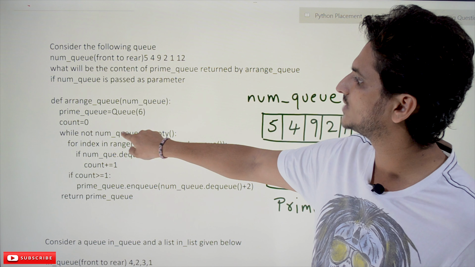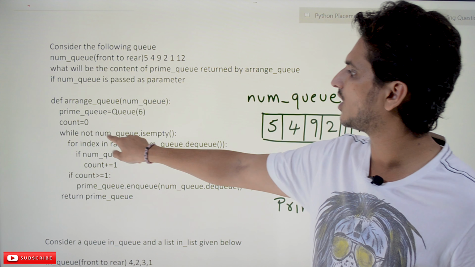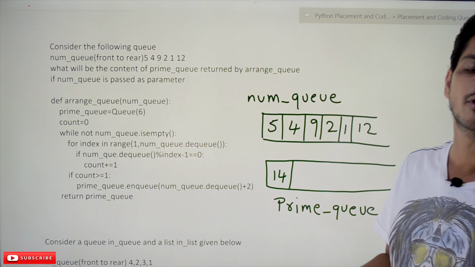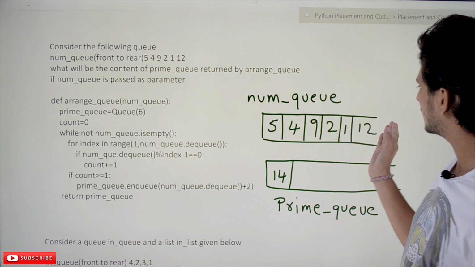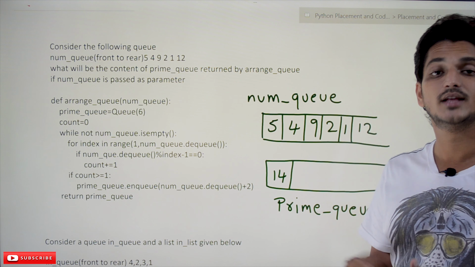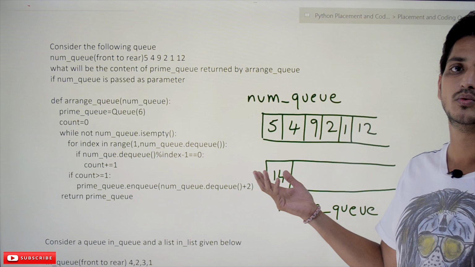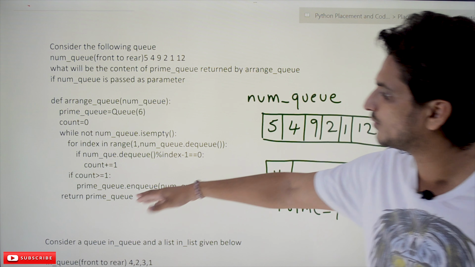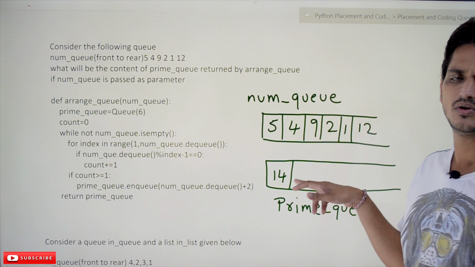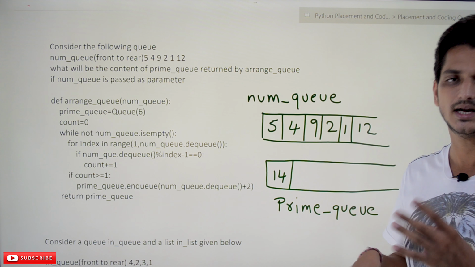Again it checks the while loop, while not numq.isempty(). It is false because there are no elements left in numq, so it comes out of the loop. What is present in this prime queue? 14. That's the answer.